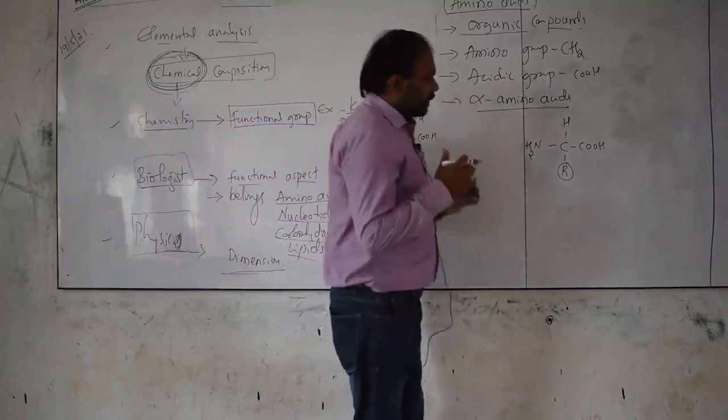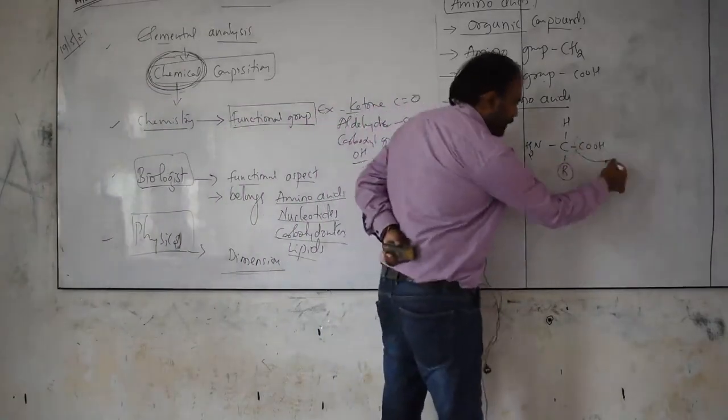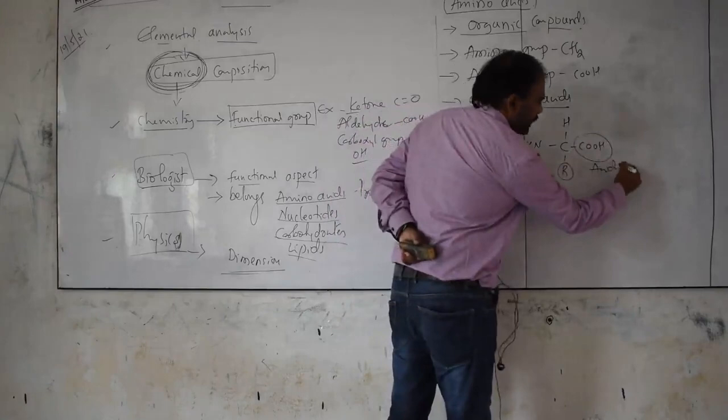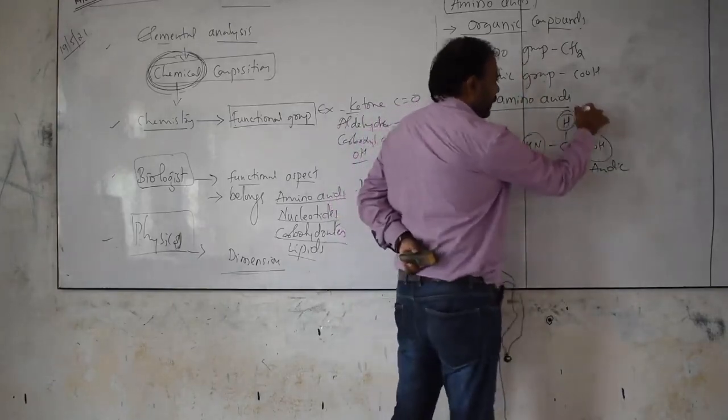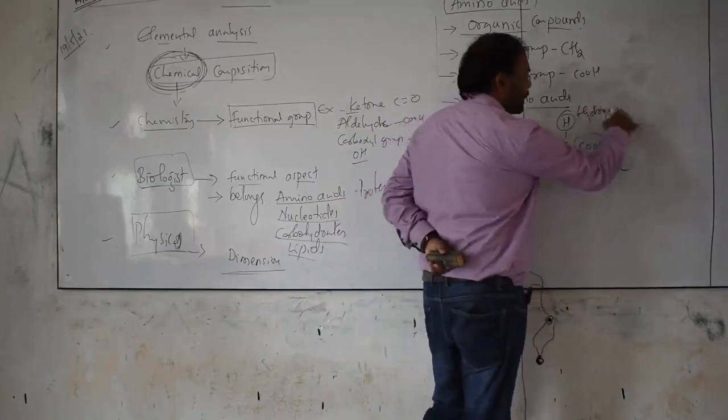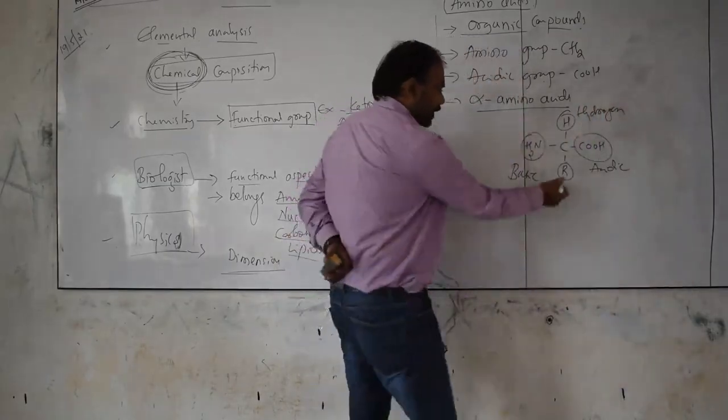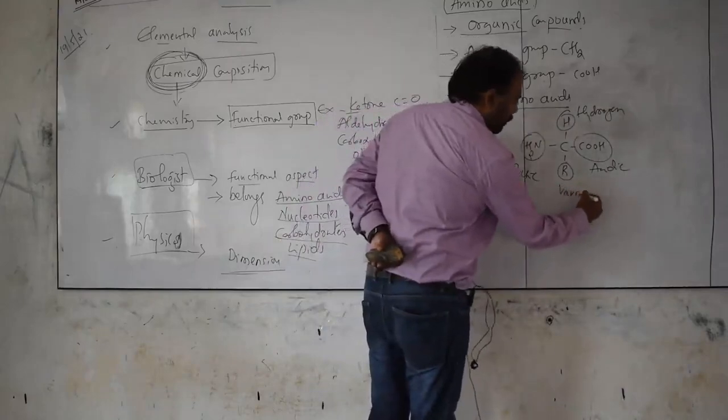Here we need to understand that one is the acidic group, one is the basic group, and one is hydrogen. Yes or no? Hydrogen. At the same time, here we can call it the variable group.